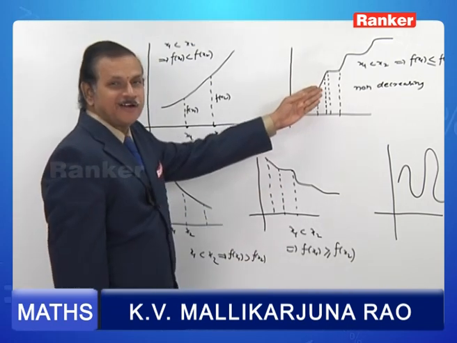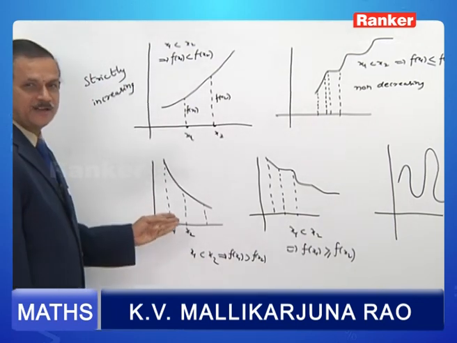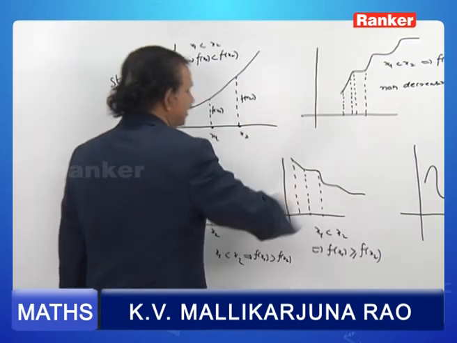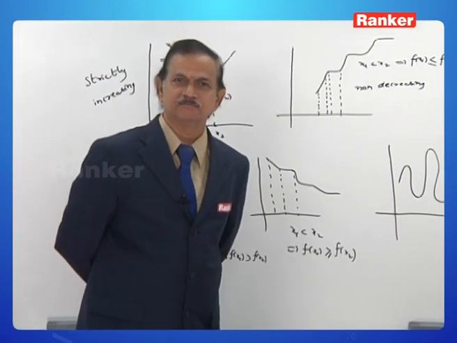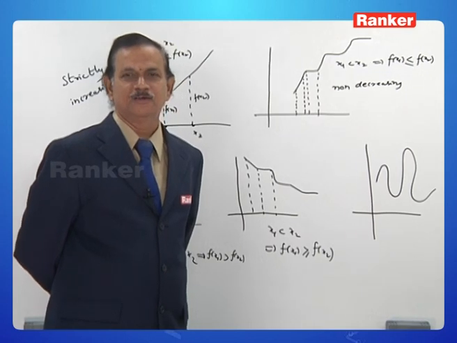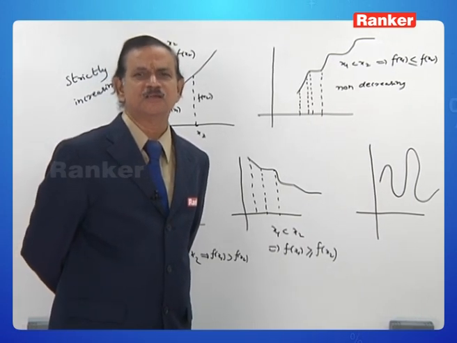This is non-decreasing. This is strictly increasing. This is strictly decreasing. All these four things together can be called monotonic. What do you mean by monotonic? Same character, either increasing or decreasing.